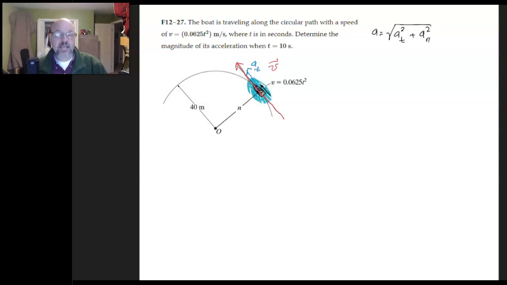That's what tangential does for us. Our normal acceleration is in this direction towards the center. So there's A sub n. Now, back in physics, we usually call this centripetal acceleration, and it's okay to call it that here too. Calling it a normal acceleration is a little more generic, a little broader type of idea, but it's the centripetal acceleration.